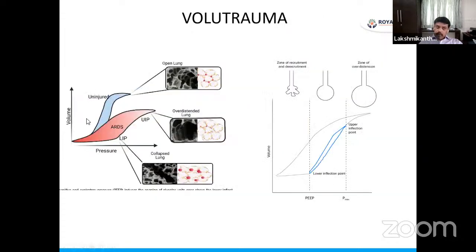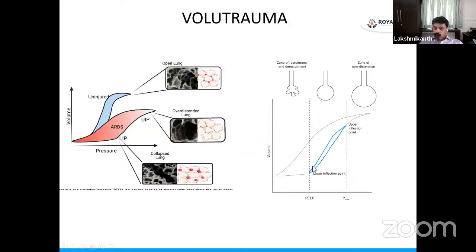So this is the pressure volume curve, which we usually speak about when we talk about the compliance or problems in a lung. This is your normal pressure volume curve. What we call hysteresis is that this is your inspiratory part of the waveform, and this is your expiratory part of the waveform.